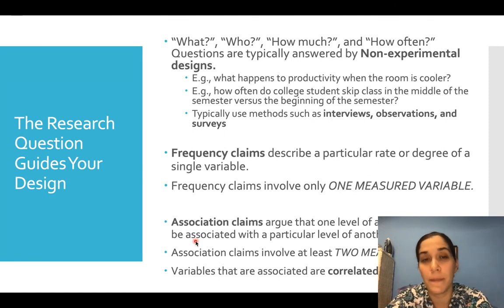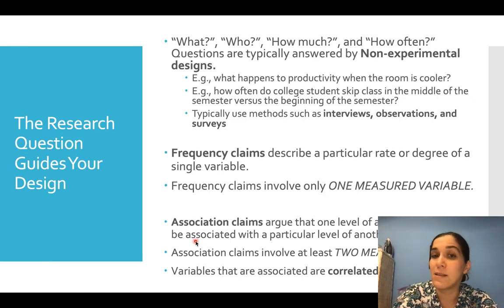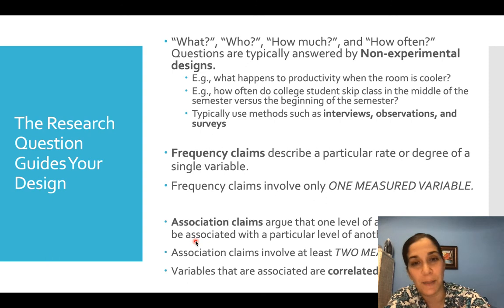Questions such as what, who, how much, and how often are typically answered using these non-experimental designs. For example, what happens to your productivity when the room is colder? How often do college students skip class in the middle of the semester versus the beginning of the semester?